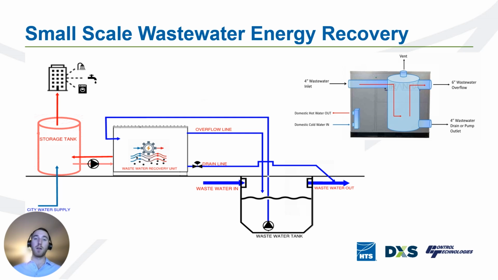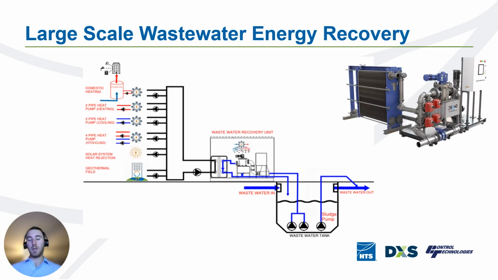Looking at a larger scale off-site example, for our wastewater energy recovery unit, we have a filtration system, a macerator or grinder to deal with solids, and then a heat exchanger to exchange the energy from the wastewater into a separate loop.